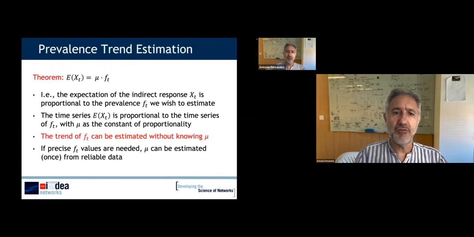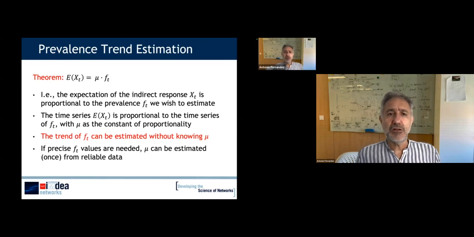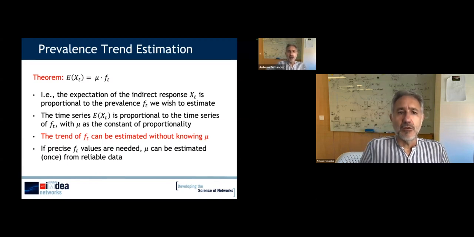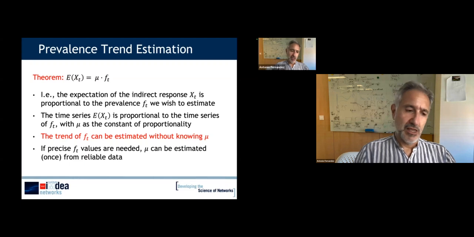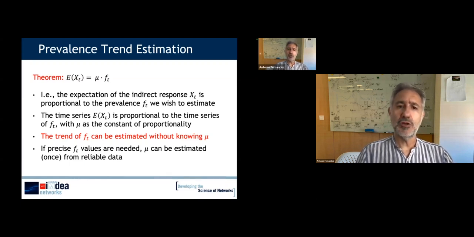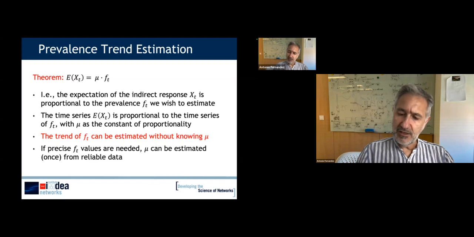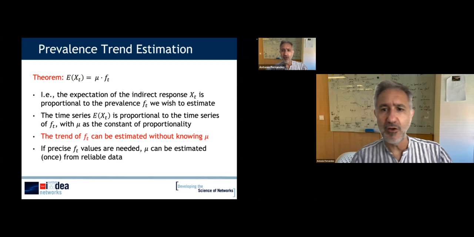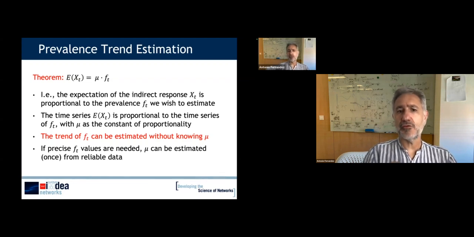The first theorem, or the first result, is that with these two assumptions we made, in which the in degree of U doesn't affect the probability that a node V in its in neighborhood is infected or not, and the average degree over the whole graph is constant, we can prove that the expectation of xt is actually the parameter that we want to estimate times the average degree.